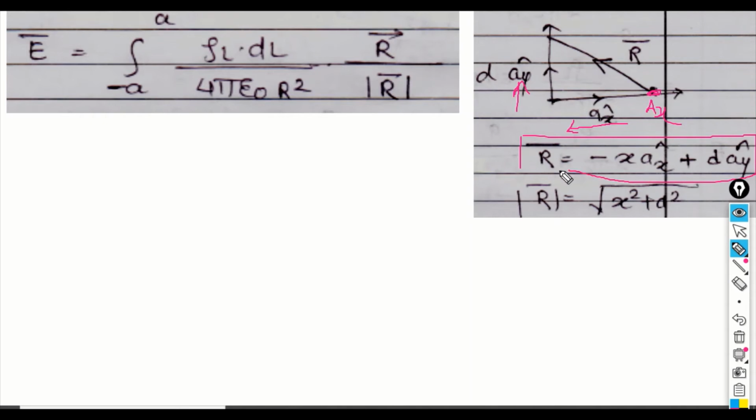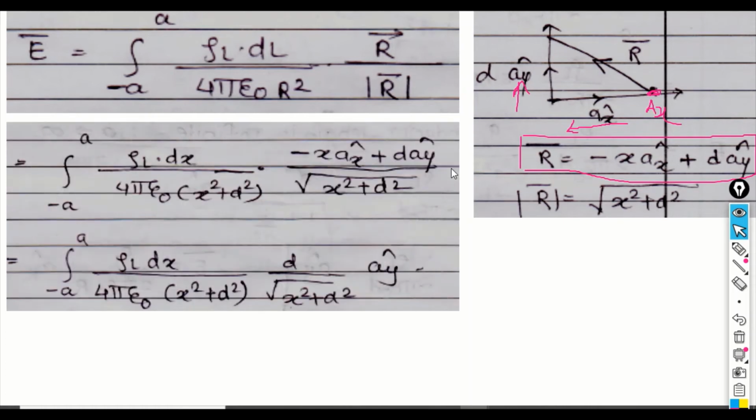Now from this resultant vector, if I calculate the magnitude, it will be equal to under root x square plus d square. So substituting these values in the equation, what you get is rho L, dl is my differential length, that is dx, over 4 pi epsilon 0 into x square plus d square, this is the value of r squared, that is the magnitude under root x square plus d square.